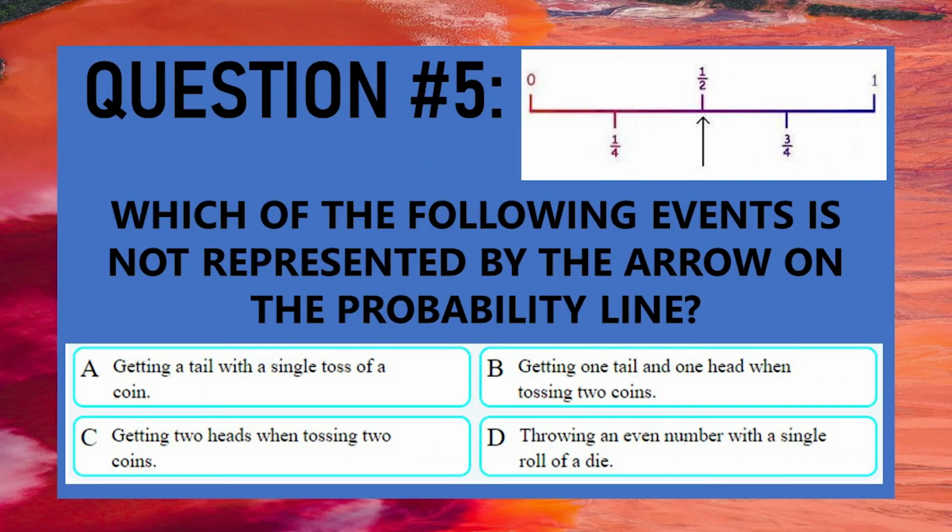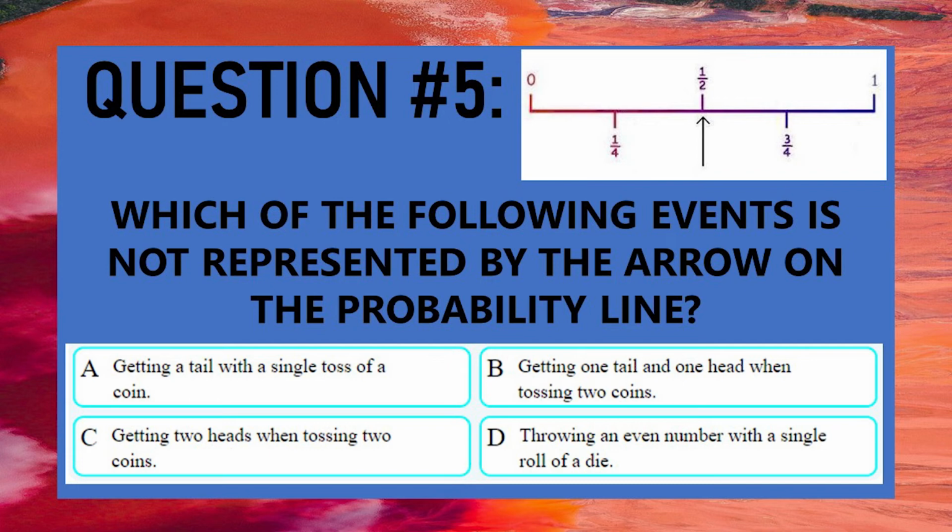Question number 5. Which of the following events is not represented by the arrow on the probability line? Letter A, getting a tail with a single toss of a coin. Letter B, getting one tail and one head when tossing two coins. Letter C, getting two heads when tossing two coins.